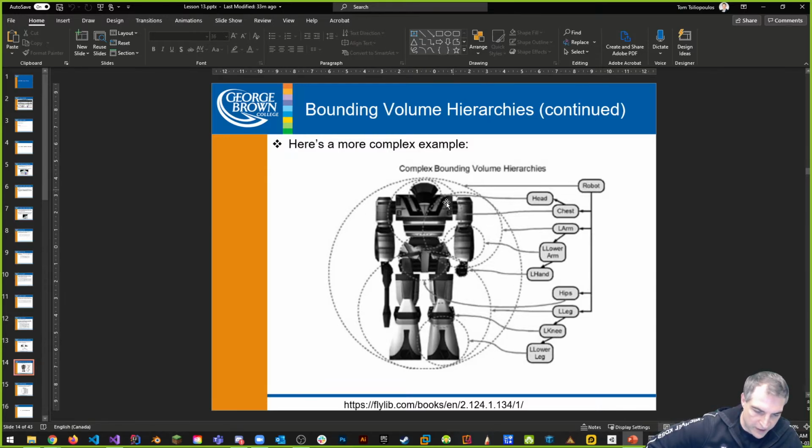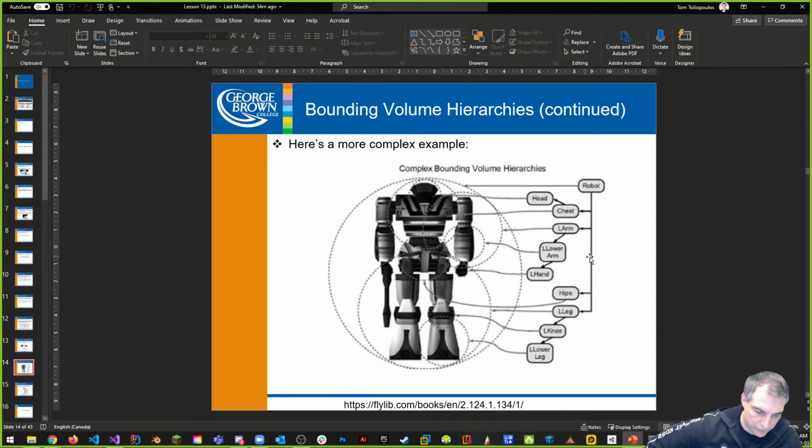Why? You have many more regions that you have to check for, okay? So that's why. And if I have to check all these regions, remember, I'm checking each collision area separately every frame. The more complex the bounding hierarchy, the more times I'm making checks, the slower and less responsive my entire system is going to be. Okay, just letting you know.